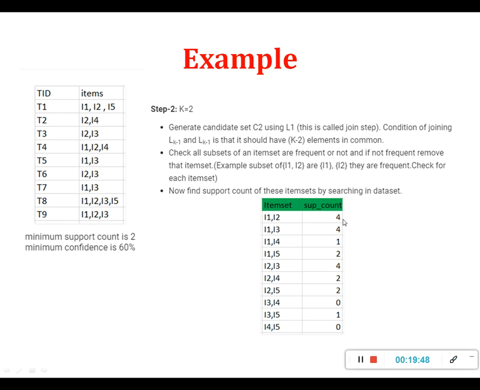I1, I2 has a support count greater than 2. I1, I3. Then I1 and I4 are not frequent because their support count does not satisfy the minimum support. Then I1, I5, I2, I3, I2, I4, I2, I5 again they are frequent. Then I3 and I4 will not be frequent because their frequency count is 0, which is less than 2. I3, I5 is also 1, which is less than 2, and I4, I5 has 0, which is less than 2.